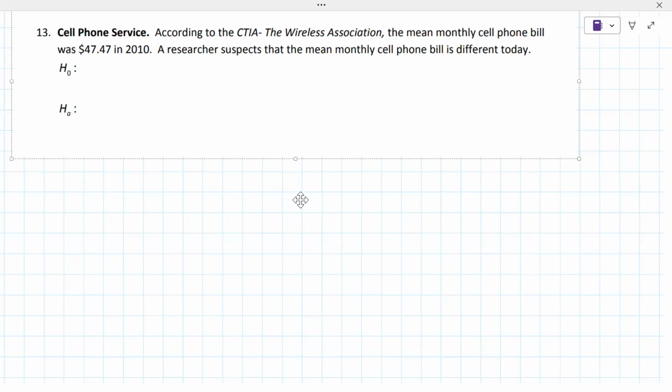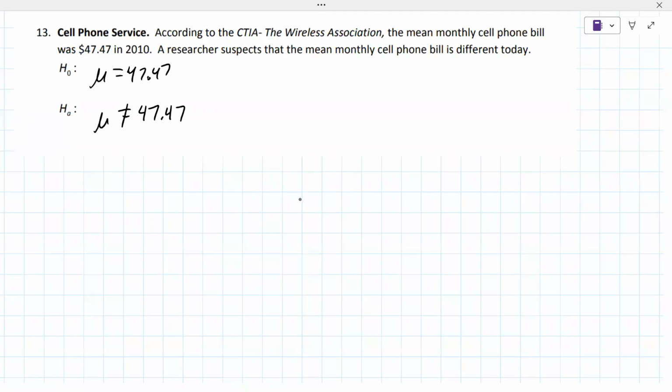So the null would be mu equals $47.47. And it says it's different. It doesn't specifically say that it's increasing or decreasing, so it'd be mu not equal to $47.47. There you go.